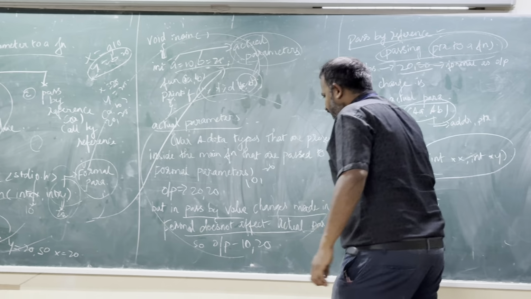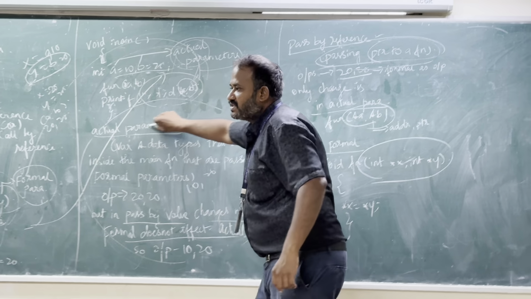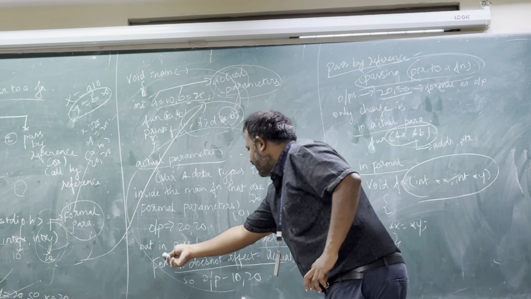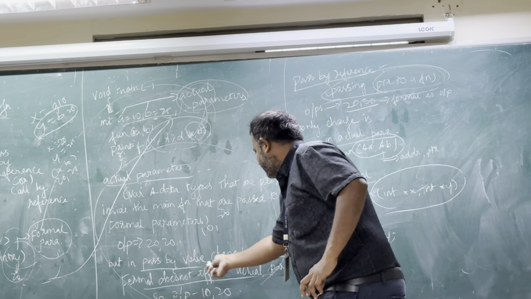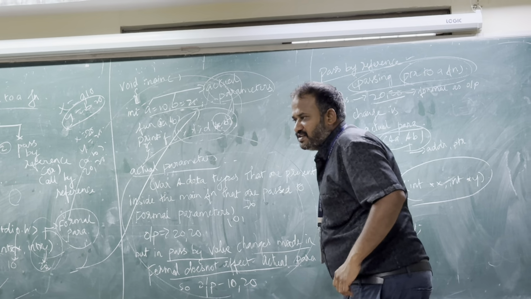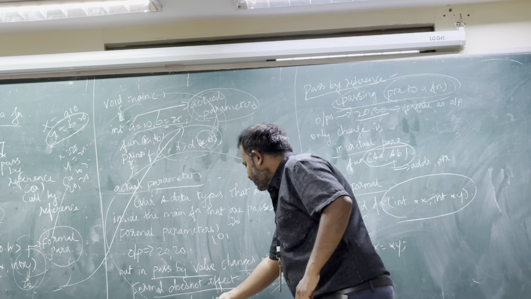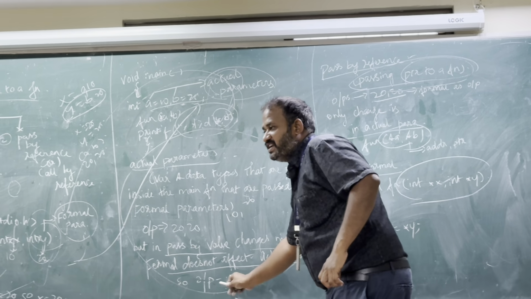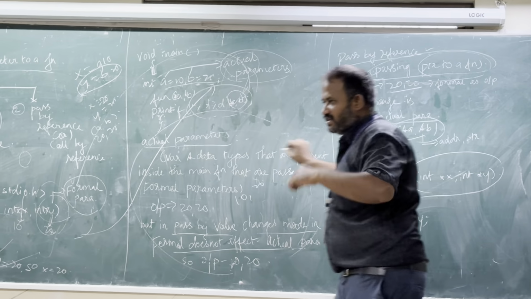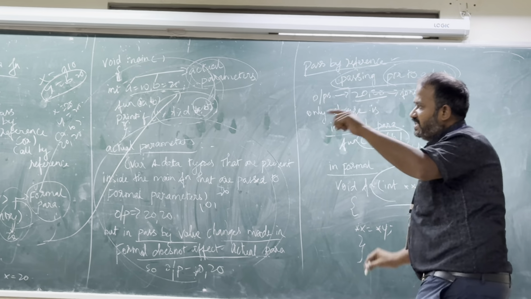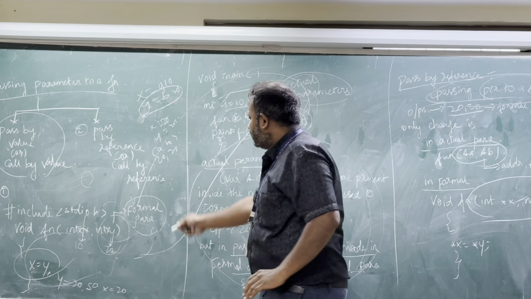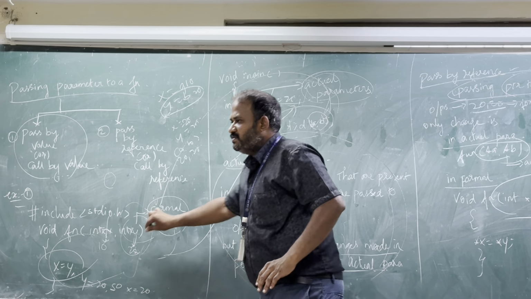Write this example and write the statement like this: inside the function, in pass by reference, the changes made in the formal affect the actual parameter. So the output is 20, 20 for call by reference. Just give one example here. In the exam, if they give the question, you write it, or if they ask you to explain, just give this code as an example and write the statement.